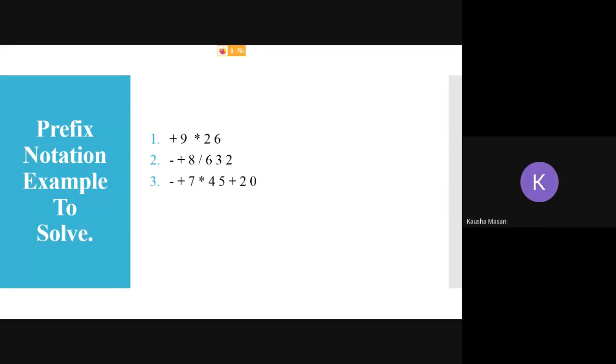Absolutely right. Then 2, 20, 7. Correct. Then I added 20 and 7, so 2, 27. Absolutely right. And at last, 27 minus 2, then 25. Exactly. Right. Good. So that is how you are getting the answer as 25.